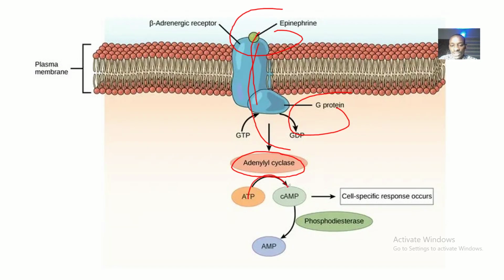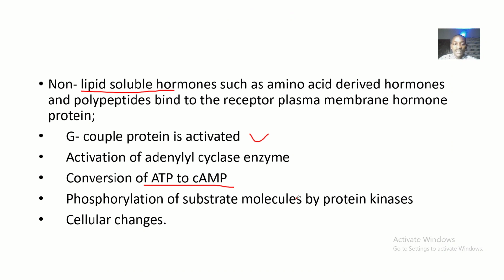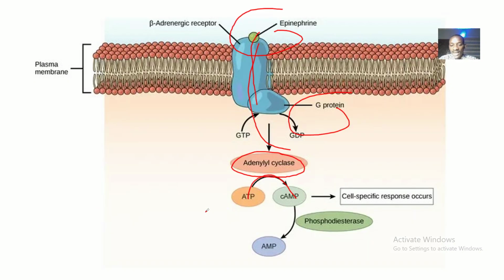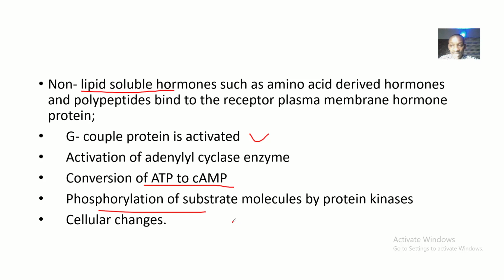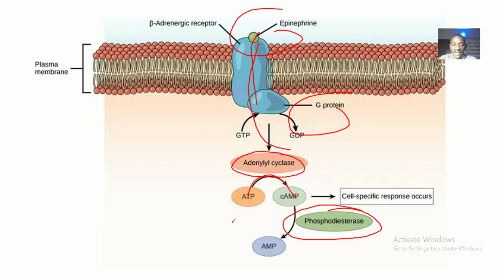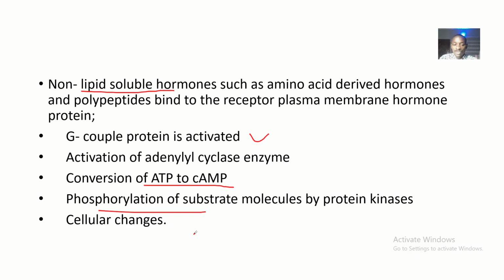Then there is phosphorylation of substrate molecules by protein kinases. Protein kinases are basically enzymes that add phosphate to molecules. Then, after all these processes are done, the last step is that there will be cellular changes.